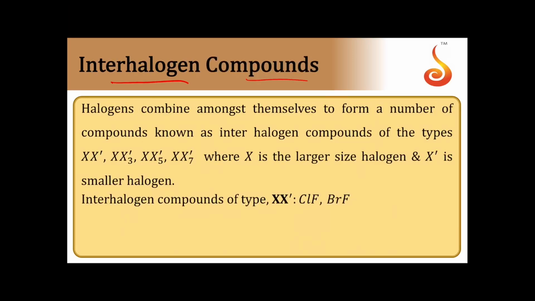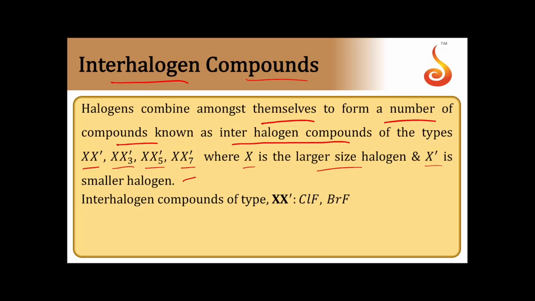Then interhalogen compounds. Halogens combine among themselves to form a number of compounds which are known as interhalogen compounds of the type XX', XX'3, XX'5, XX'7. Here X is the central atom, the larger atom, and X' is a smaller halogen atom.